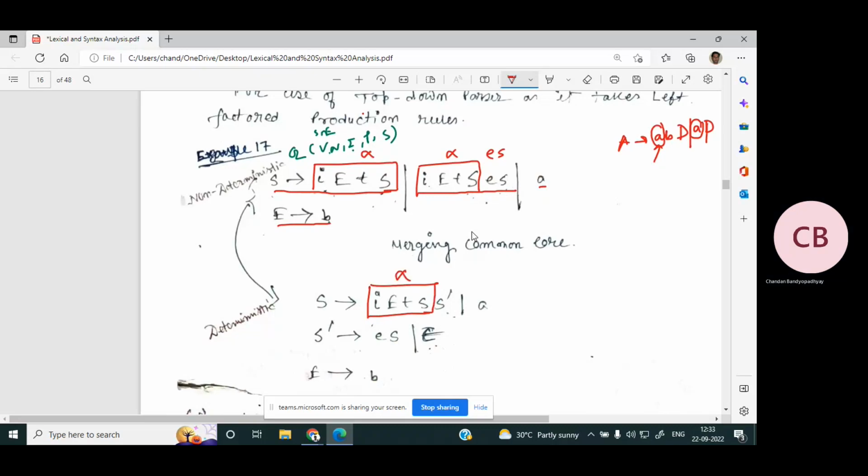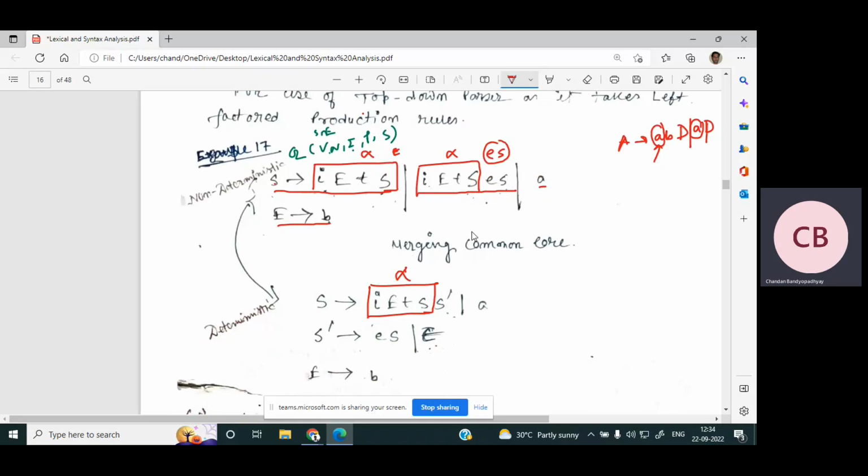So alpha, correct? And we are adding one more variable, S dash, correct? Here S dash means epsilon, nothing. Here S dash means eS, correct?